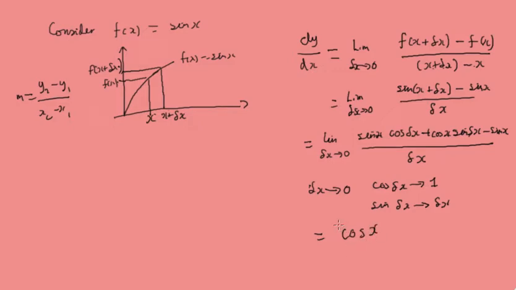So what this tells us is the derivative of sine x equals cosine x.